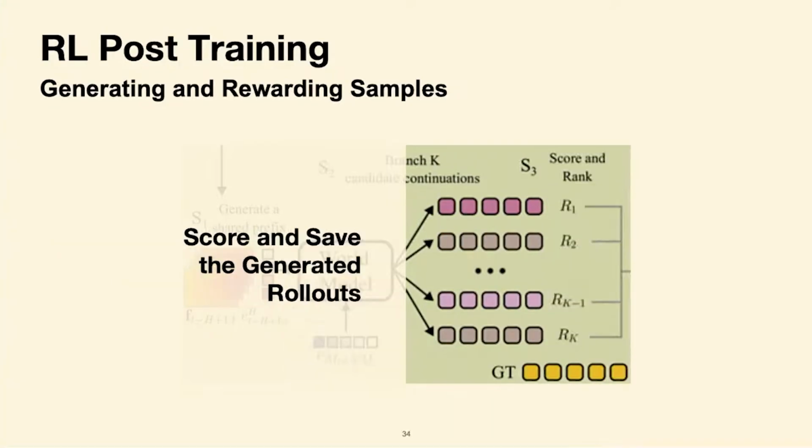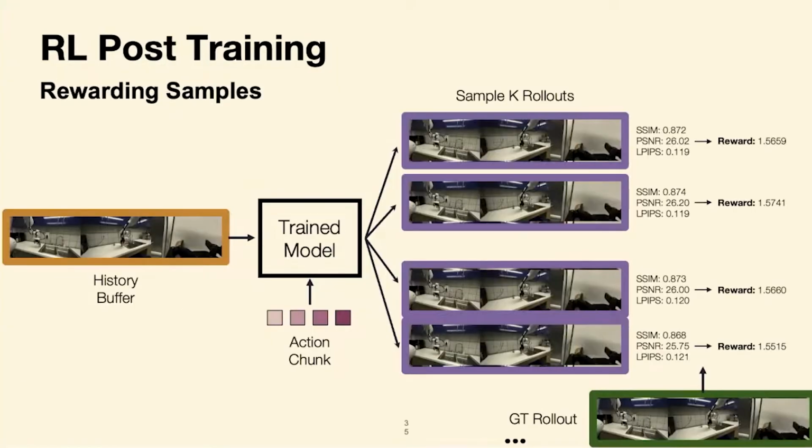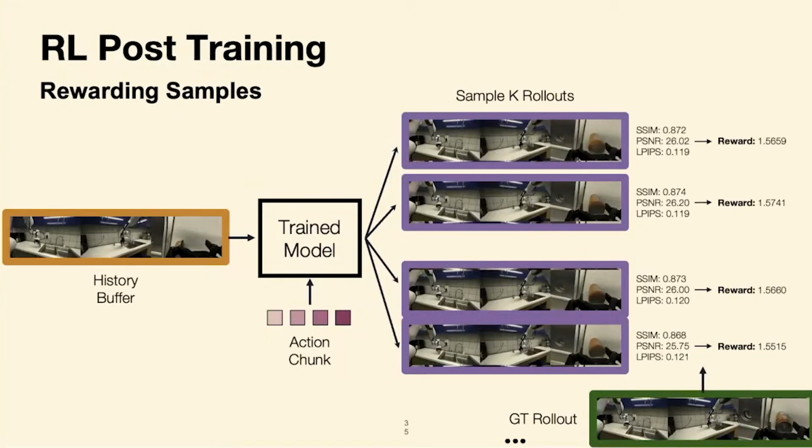Then we take our K continuations, and we score and rank them. For us, because we have the ground truth trajectory, we can just look for visual metrics and visual similarity. But there are other kinds of things that I've seen people do recently, like using JEPA models for physics and more interesting things on top. So something like this, you would have the history buffer, the model would generate K rollouts, and because you have the ground truth, you can look at the reward.